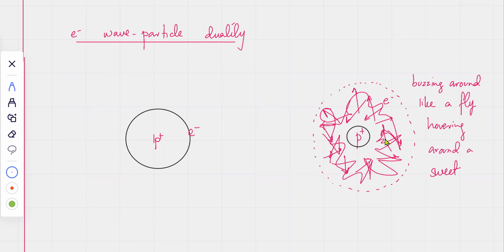They appear to be everywhere in that blurred area. So if a fan is moving, there's no place where you could place your hand in that area, because wherever you place it, the blades are going to hit you. Why? Because it appears to an outside observer that the blades are everywhere in that area. So you could think of the electron as occupying the entire space and being everywhere in that space.